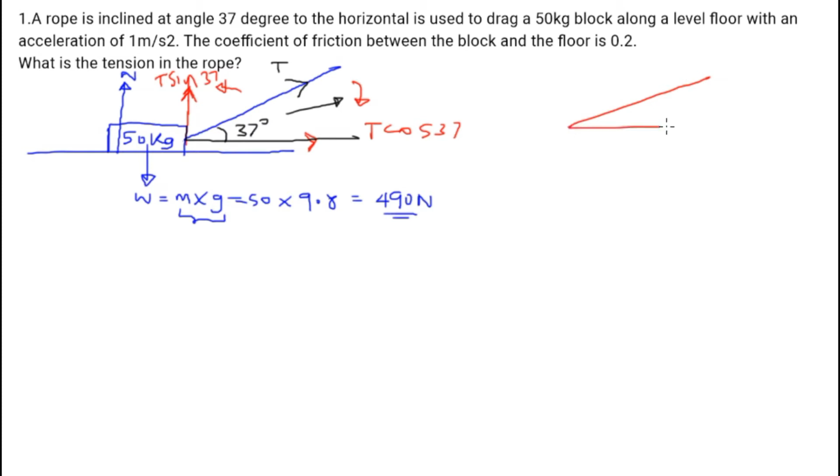It's a triangle, and this side of the triangle is the vertical axis, and this side is the horizontal axis. Let's say Tx, and this is 37 degrees, and the hypotenuse side is the T. Let's say this is Ty. The relationship between T and Ty will be gotten from SOHCAHTOA.